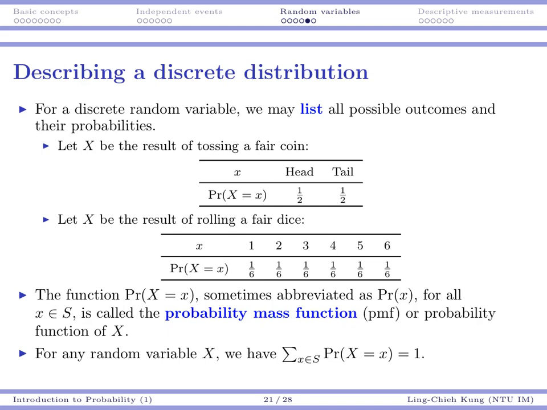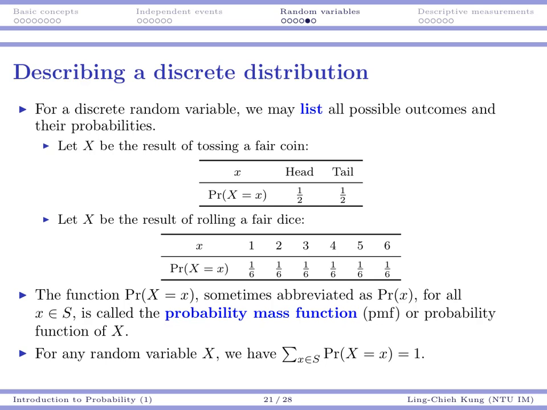We will tell you the differences between them and the meaning of those names, mass versus density. But here, just intuitively think that for each possible outcome, there is an associated probability. That's something you need to know. Finally, for any random variable x, this is true: for all the possible outcomes in the sample space, the sum of their probabilities must be 1.